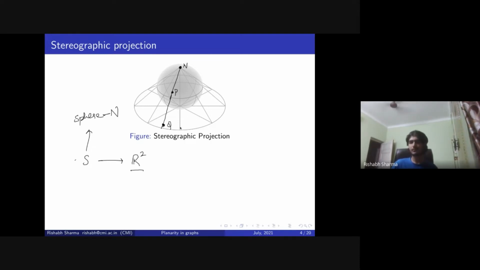So the setup is that you have this sphere, and below the sphere there is the real plane. You take any point P on the sphere, join NP, and extend it till it intersects the real plane at a point Q, and the map sends P to this point Q. We do this for all points. This is my map, which I'll call phi for now. It sends P to this special point Q, special with respect to P.